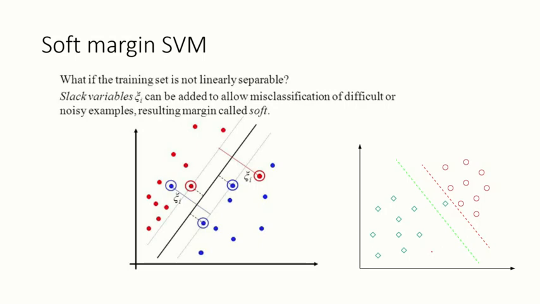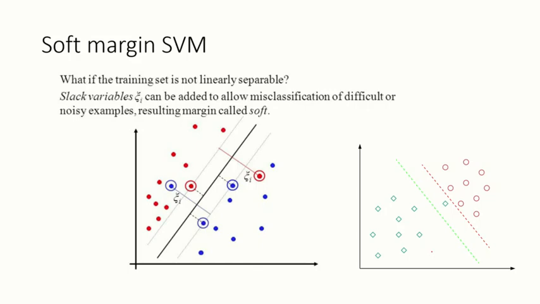Then they also introduce the idea of the soft margin, because the separation is not always clear, sometimes you can allow some errors. Okay, you allow misclassification of this outer layer, but still keep a wider margin of separation.